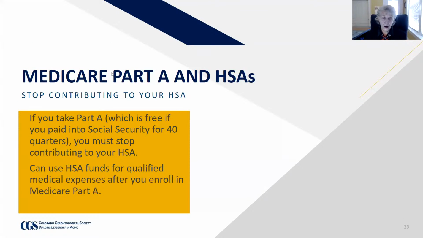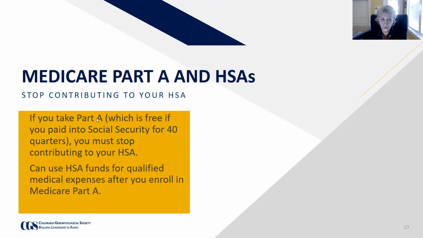The other thing I want to call to your attention is that if you have an HSA, or health savings account, when you become eligible for Medicare Part A, and if you take it, whatever point in time that you enroll, age 65 or age 70 or whatever, you must not contribute to your HSA once you are taking Medicare Part A, because that will also trigger a series of penalties.